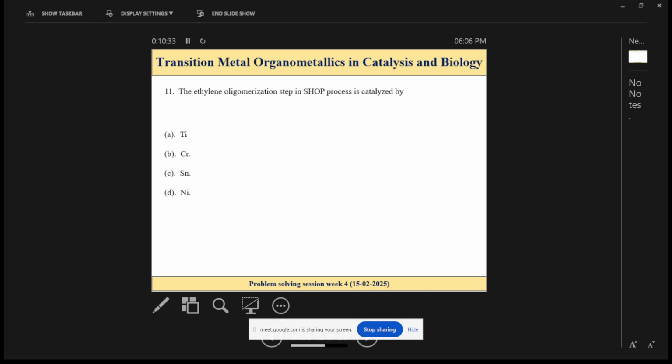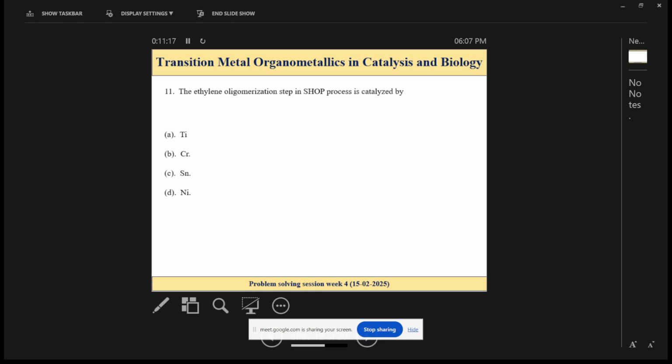In the SHOP process we have seen the cross metathesis reaction, and in the cross metathesis reaction the product obtained can undergo self metathesis, and it is very difficult to remove or separate the self metathesis product.